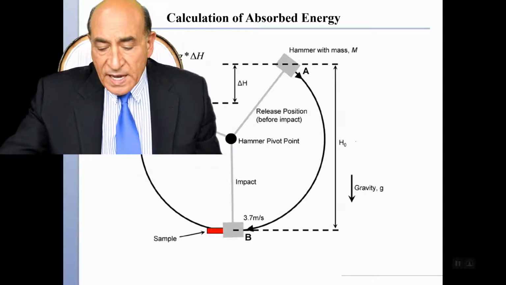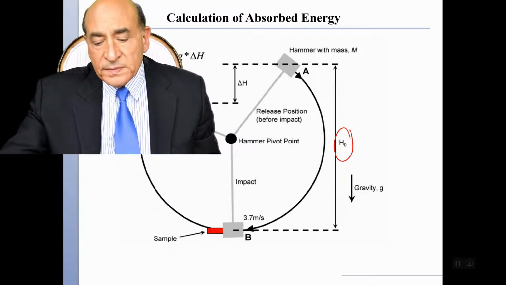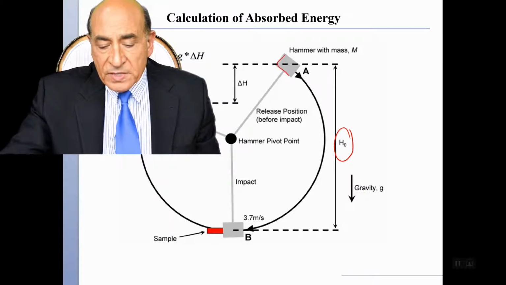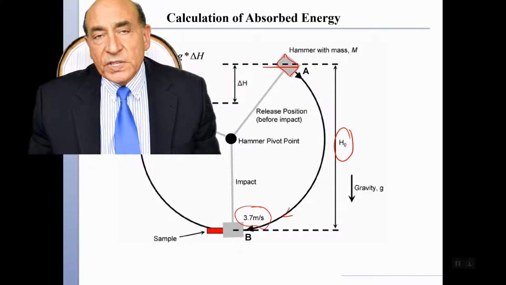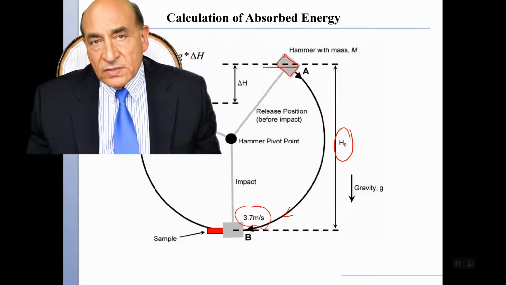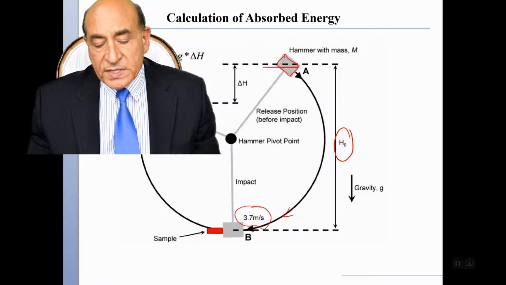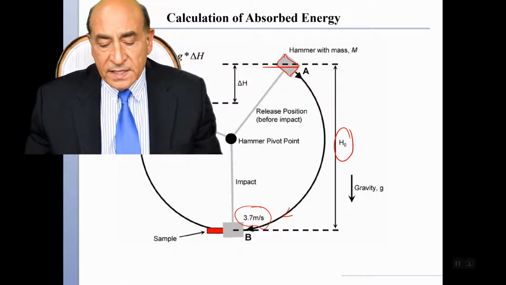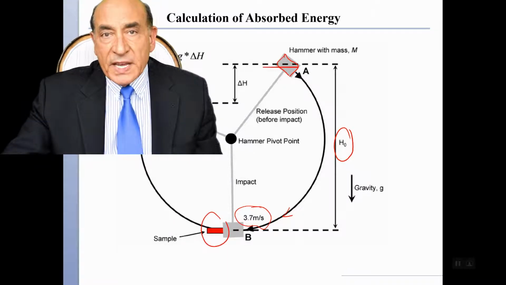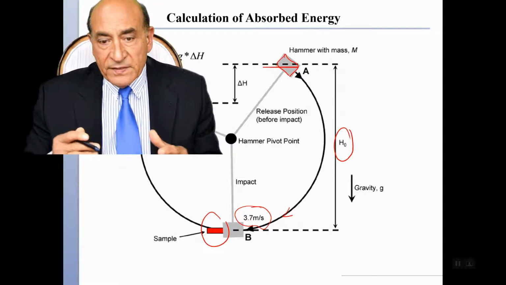The critical height, let's call it H0, and the hammer is at this initial position. As it is released, it is computed to have a velocity of 3.7 meters per second as it is striking the sample, as a standard velocity. Once the sample breaks, it absorbs a certain amount of energy.